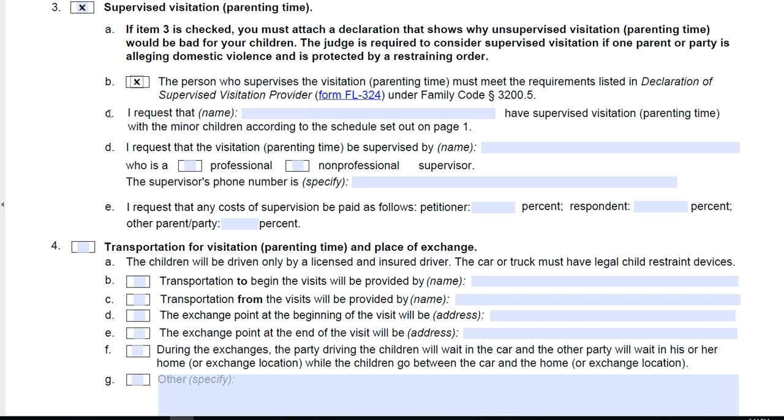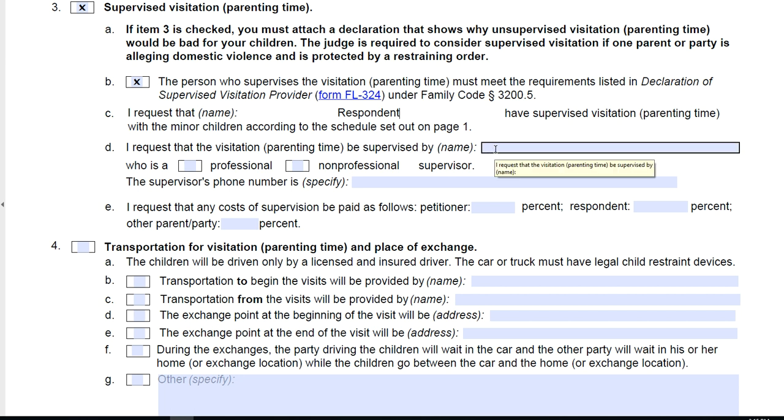Okay, so you'll fill out under box C, you request that respondent have supervised visitation. You request that the visitation be supervised by. You can be creative and flexible here if your concern is just that the respondent not be alone.